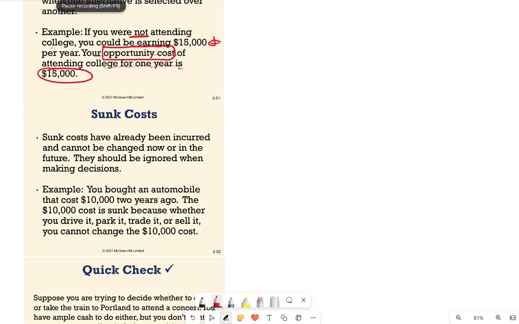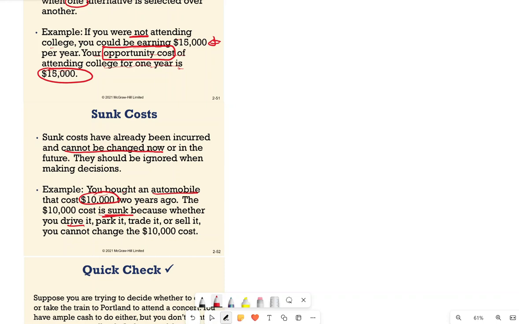Sunk cost is a cost that already happened and cannot be changed now. What would be a sunk cost? You bought an automobile for 10,000 two years ago. The 10,000 cost is a sunk cost. Whether you drive it or take a bus, it doesn't matter.